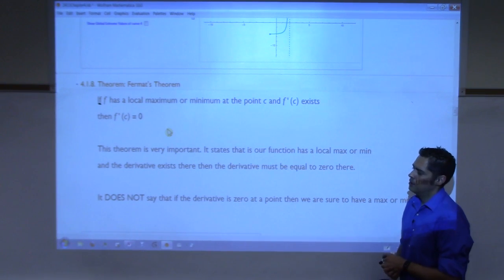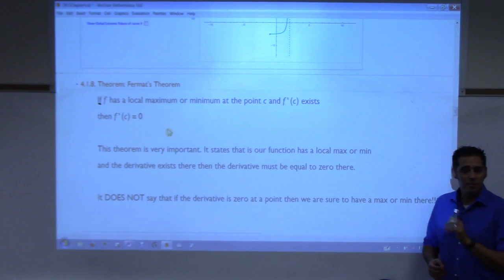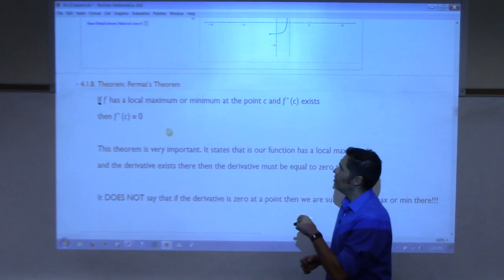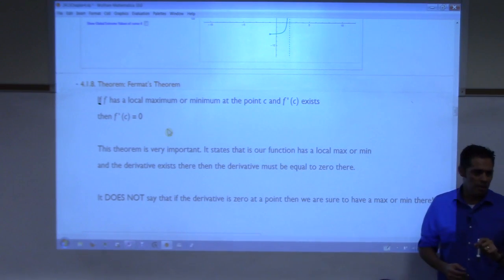If a function f has a local maximum or local minimum at a point C, and the derivative exists, the derivative must be 0 there.